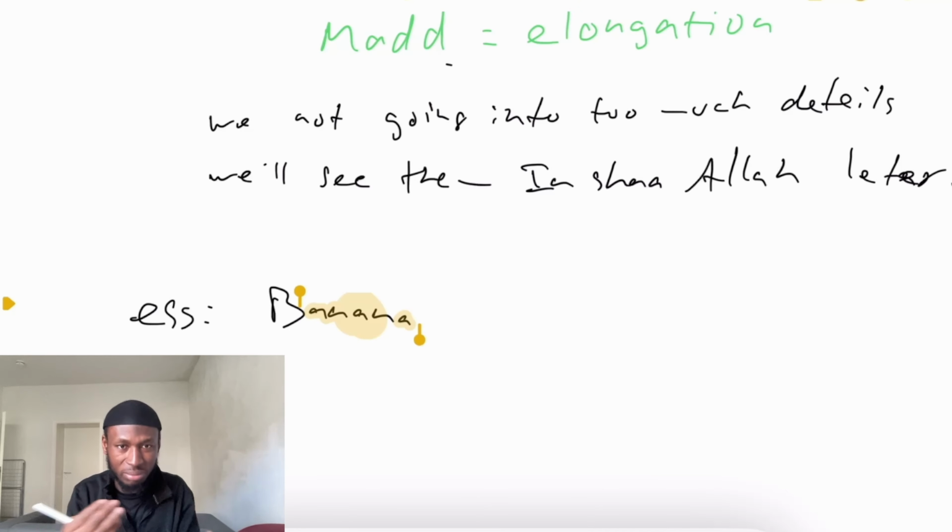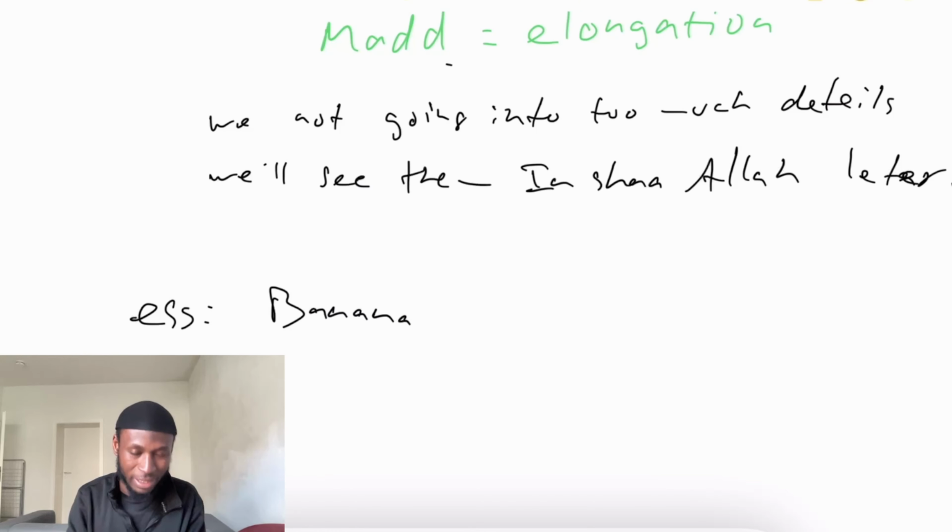So we're helping him, giving him some tips to say, oh look, banana, to pronounce it correctly, you should prolong on the second a. The second a, you should prolong it. You should say banana.